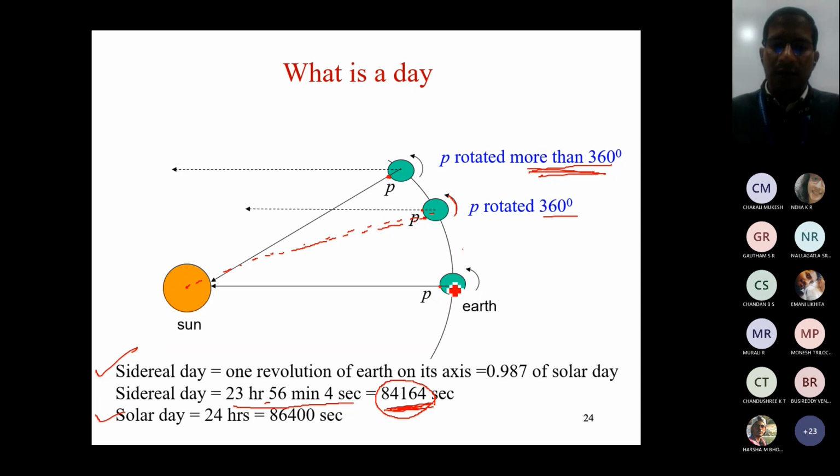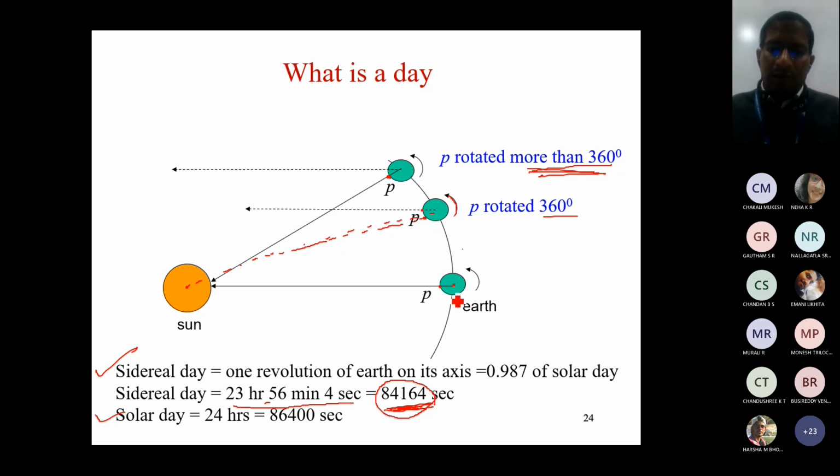So P is a person, P is nothing but me, standing on this Earth's surface at this particular point, and the sun is just above me. You can see the sun is just above my head. I am not changing my position. The Earth is rotating around the sun as well as around itself.